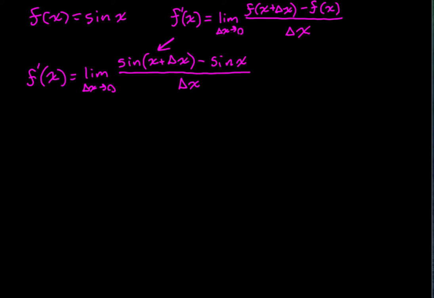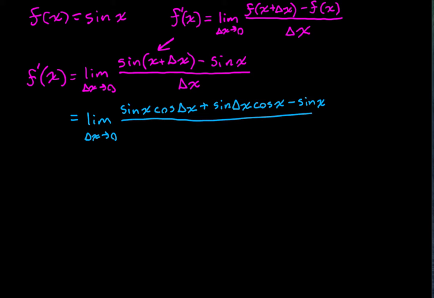expand this right now. So when expanding this to get rid of the x plus delta x in there, what I'm going to do is write this out as the limit as delta x goes to 0 of sine of x times the cosine of delta x plus the sine of delta x times the cosine of x minus the sine of x divided by delta x.